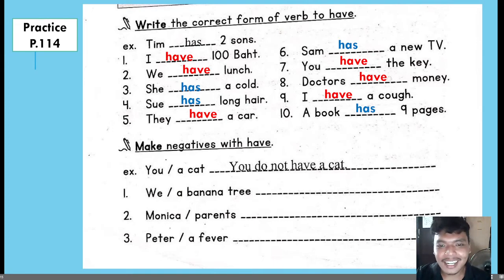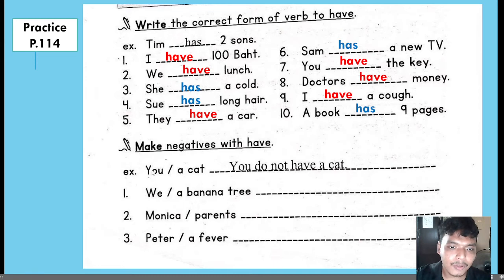Okay, well done and very good job, everybody. And then we move to this, everybody. Let's make negative with have. What does the exercise say here? Make negative with have. For example, look at this, everybody.